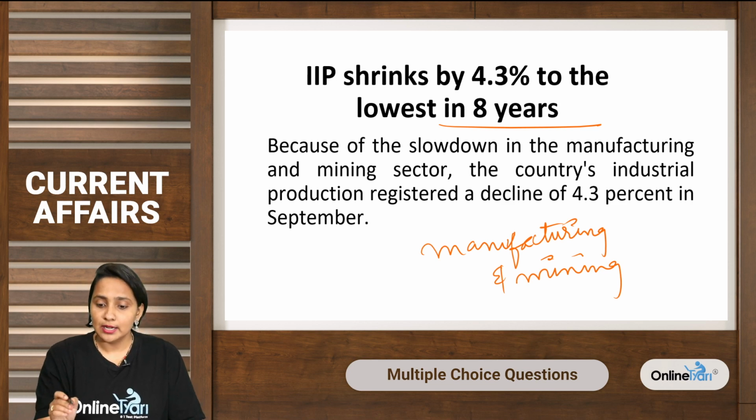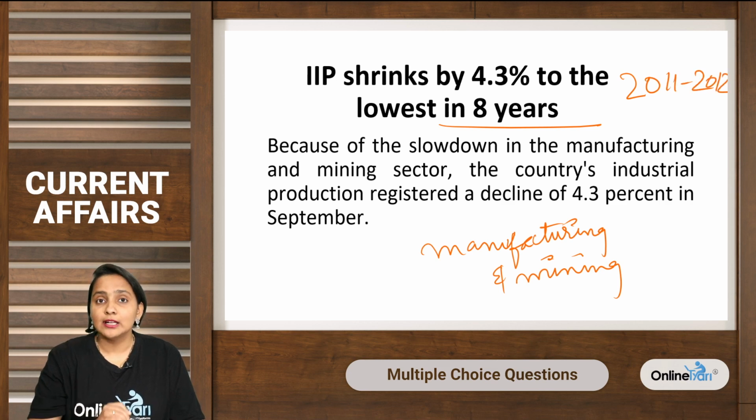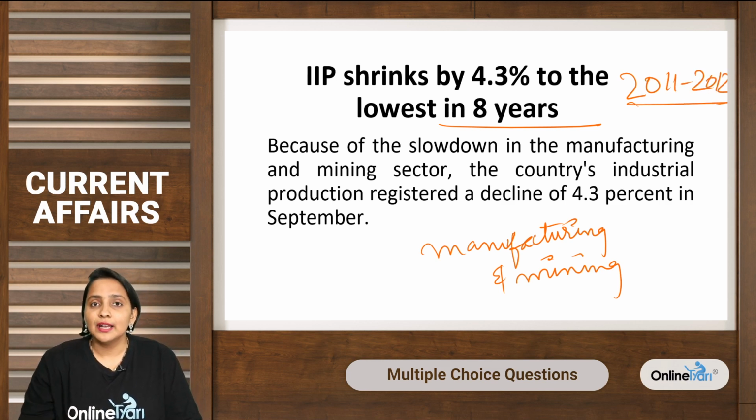What is the base year on which the data is calculated? Base year is 2011-2012. The rate of growth of gross industrial production from April to September in the current financial year has been recorded at 1.3% increase as compared to the same period of the previous year.